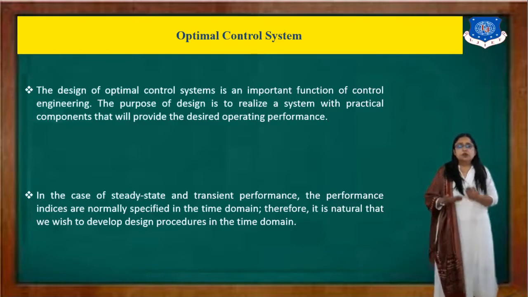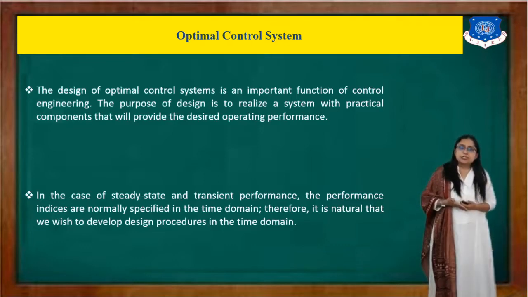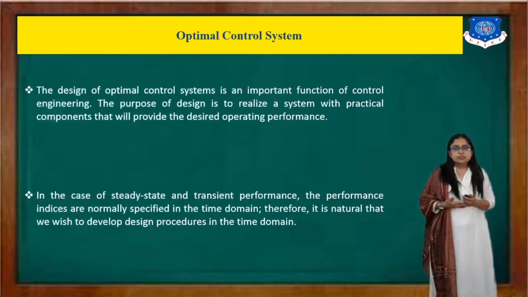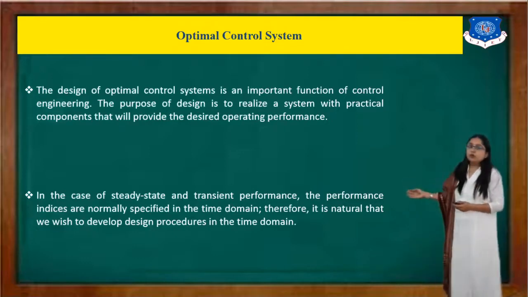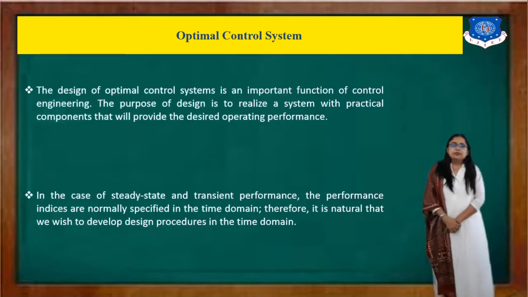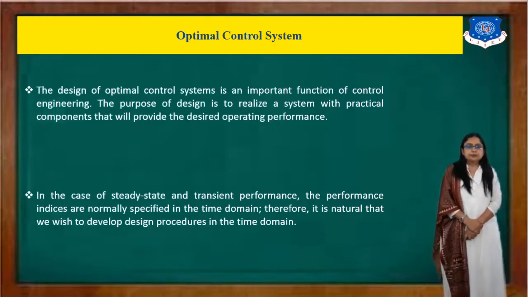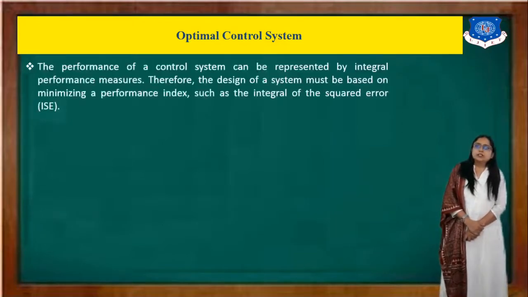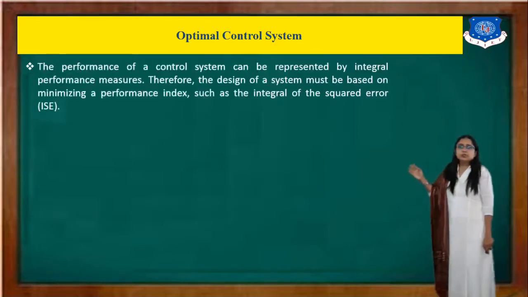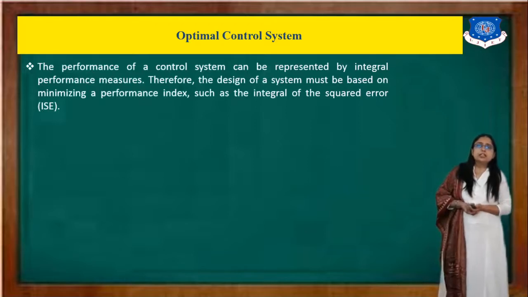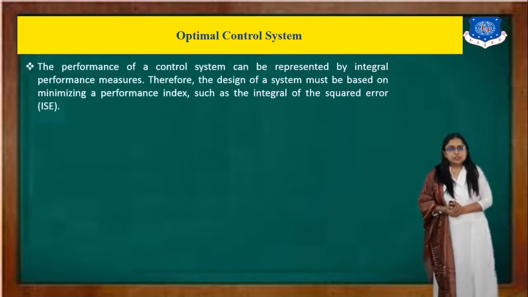Time domain means the delay time, rise time, maximum overshoot. That means you have to consider these performance indices. And therefore, it is natural that we wish to develop and design the procedure in the time domain. Next, the performance of the control system can be represented by the integral performance measure.